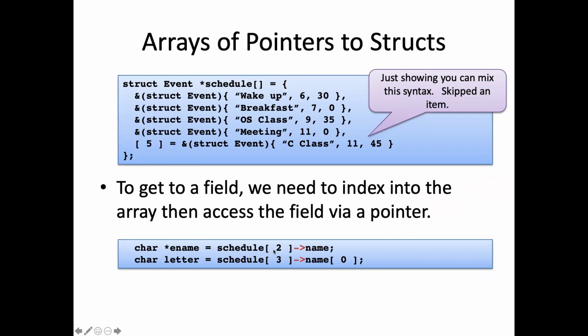If you want the name field and you've got a pointer to an event struct, you would normally use the arrow operator. So schedule element 2 arrow name would give you the name field. Name field is still an array. So if you wanted one of the characters in that array, you could put square brackets after that name to get to any one of its characters.